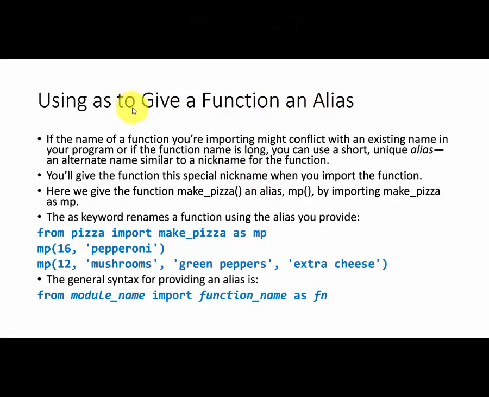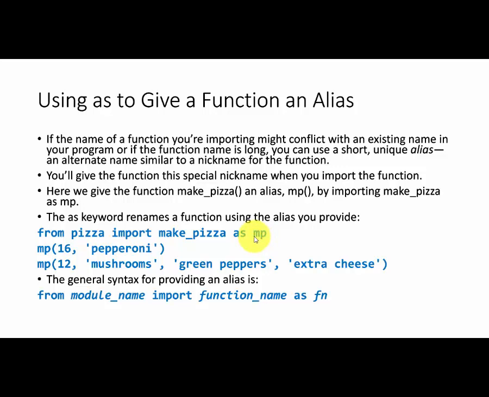So you can give a different name, a shortcut name, to the function as an alias. So from this pizza module I want to import this method and I want to make it short, like MP, as MP. Alias name, like in your introduction to database you have the concept of alias.